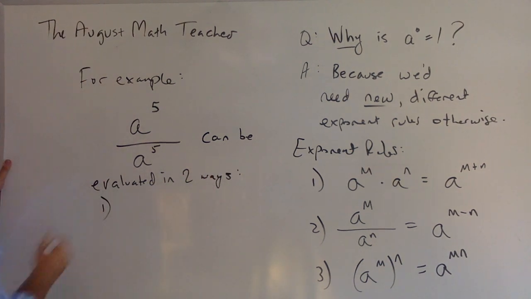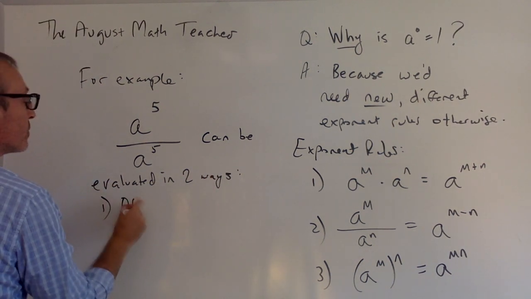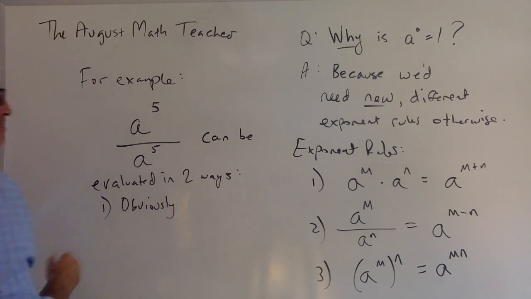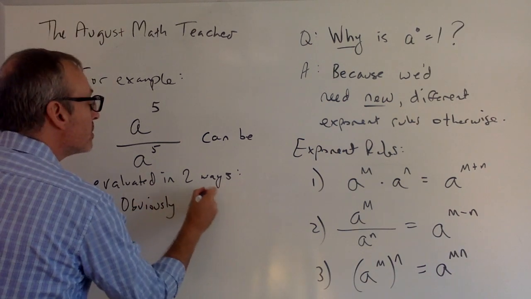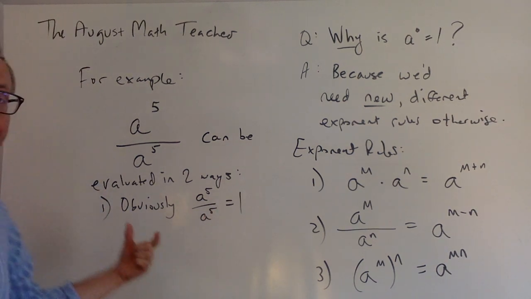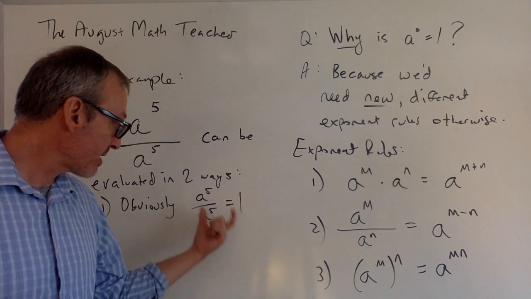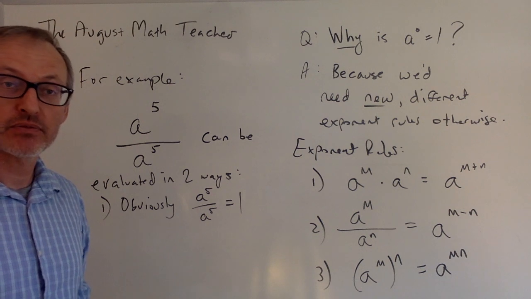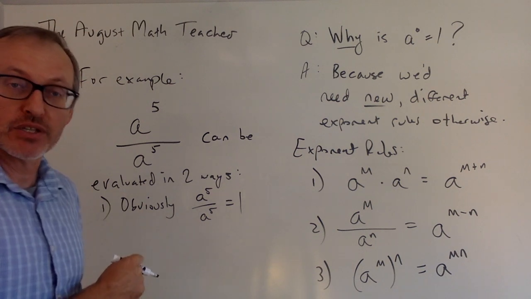Way number one is just to say, obviously, a number over itself, a to the 5 over a to the 5 is equal to 1, because that's what's always true when we take some number and divide it by itself. So that's just one way to solve this.